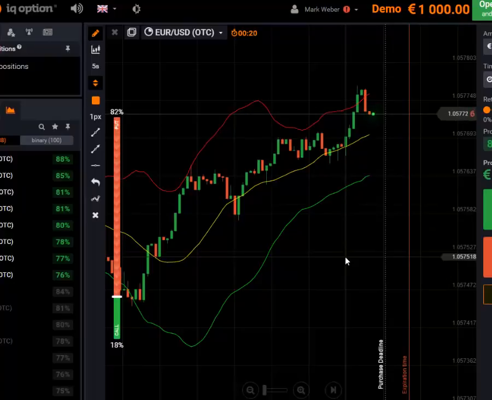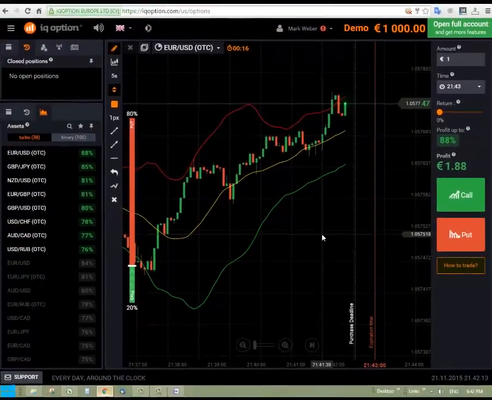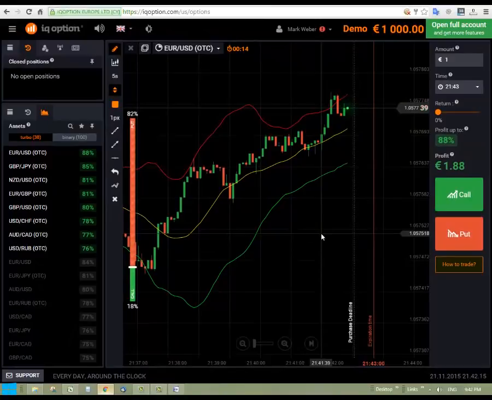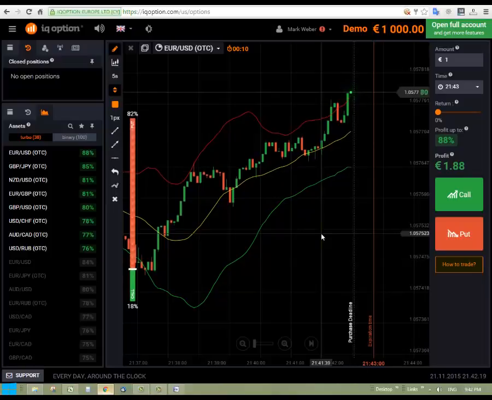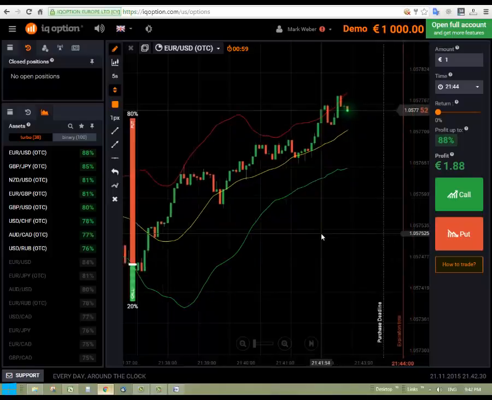Let's talk a little bit about Bollinger Bands. Bollinger Bands are used to measure a market's volatility. This little tool tells us whether the market is quiet or whether the market is active. When the market is quiet, the bands contract, and when the market is moving full steam ahead, the bands expand.